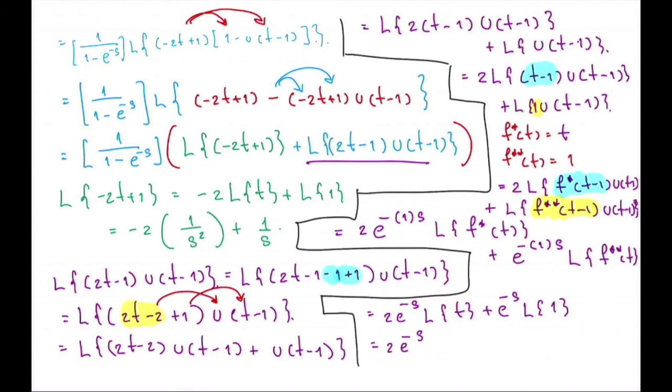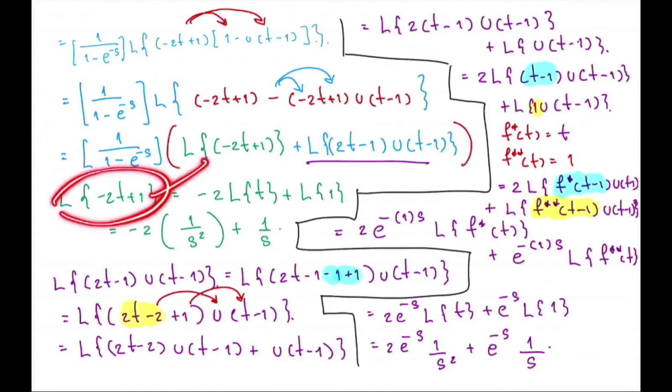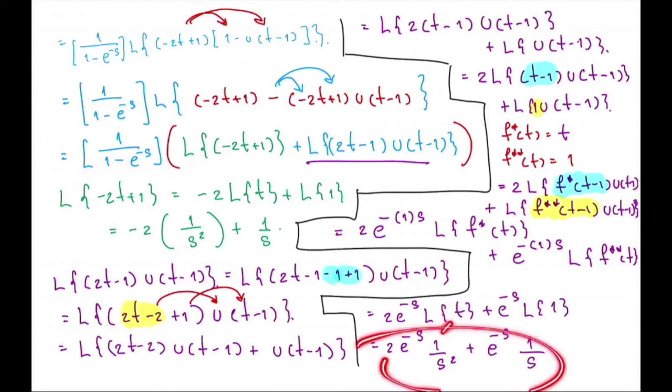Laplace transform of t is, t to the n, right? Laplace transform of t to the n is n factorial. Sorry, it's 1 factorial divided by s squared plus e to the minus s 1 over s. Okay. So we need to put this in there and this in there.